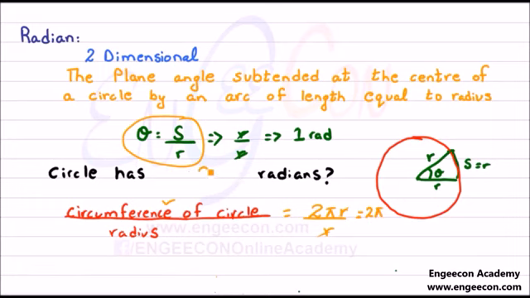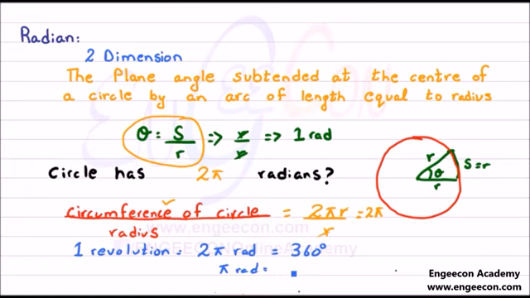A circle has 2 pi radians. So we can conclude that one revolution of the circle is equal to 2 pi, which is equal to 360 degrees. Or we can say that pi radian is equal to 180 degrees.